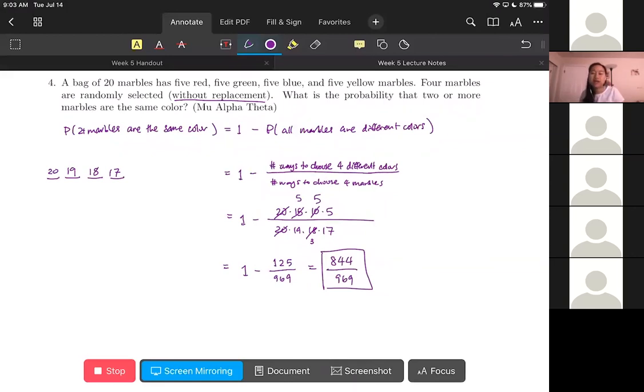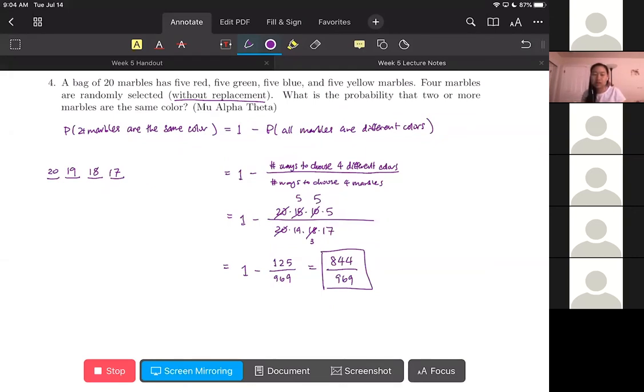I know at the beginning someone said you could do 20 choose 4 ways to select 4 of the 20 marbles. So I also want to call out a solution where you could use that fact. In the previous case, we're basically counting the probability by assuming that order matters in the denominator and order matters in the numerator.